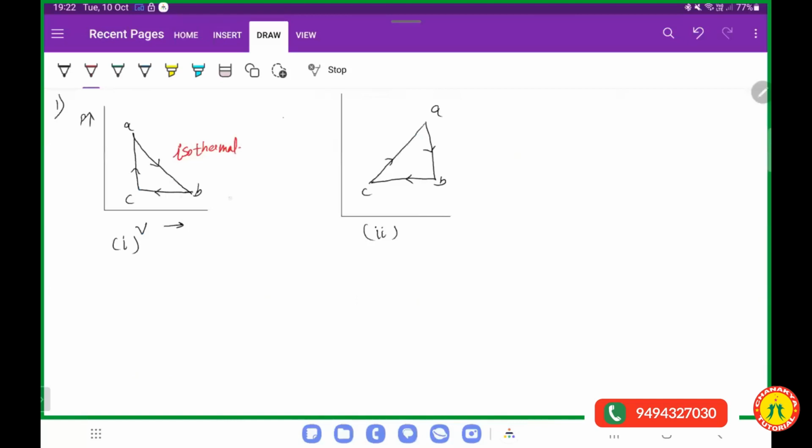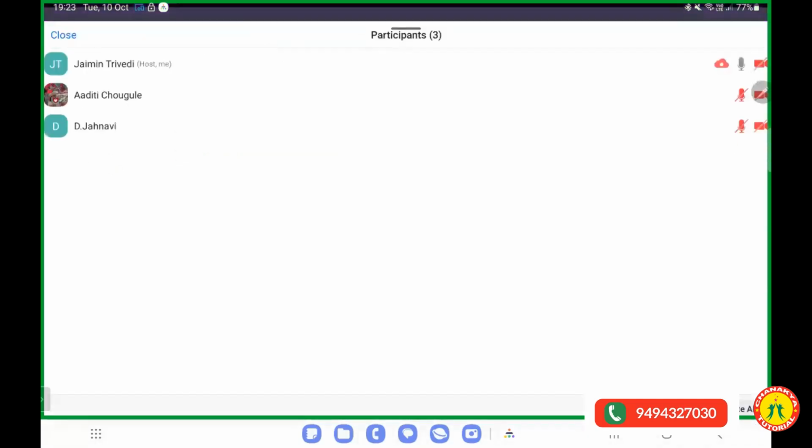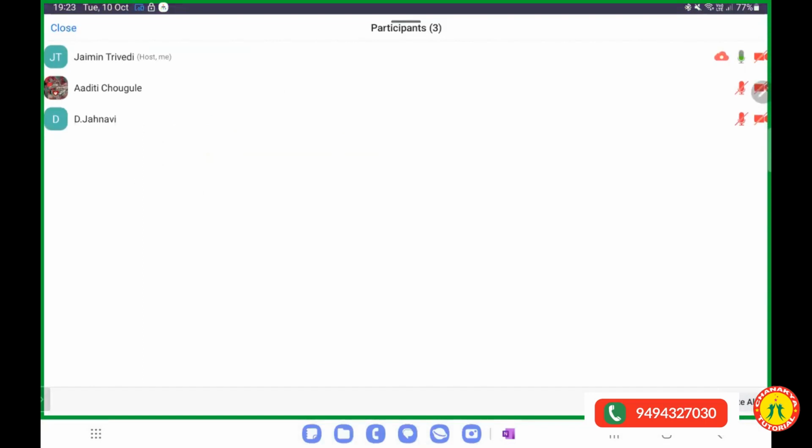Then B and C, it is a straight line. In this one, see, volume is changing, but pressure is constant. So this is isobaric. In this one, volume constant. So isochoric. Are you able to identify with me? Girls, both of you? Yes, sir.